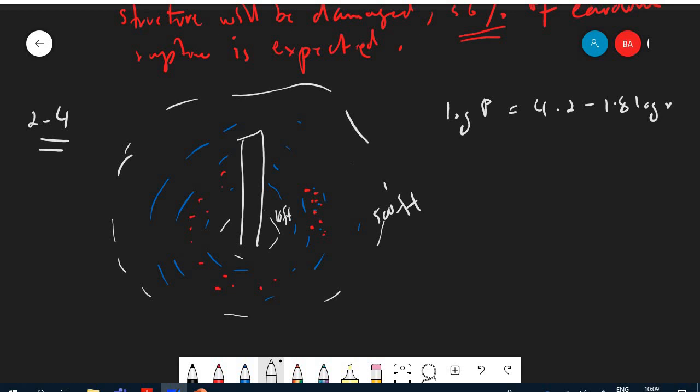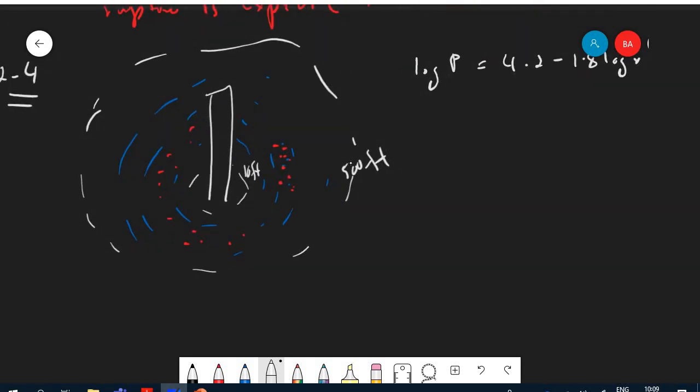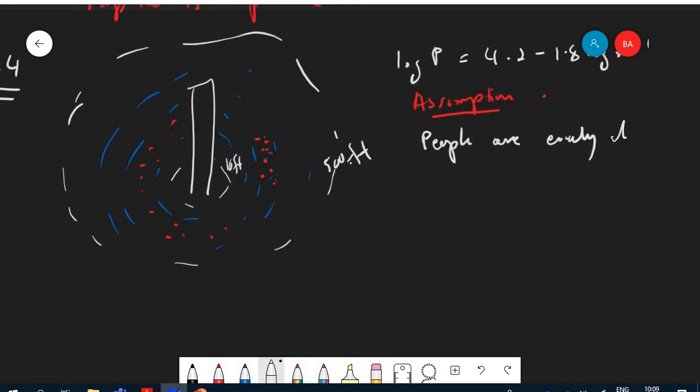Before I do that, I just want to know how the people are evenly distributed. I would say evenly distributed, and that is a good assumption that I'm going to take. So the assumption that I'm going to add here is that the people are evenly distributed.